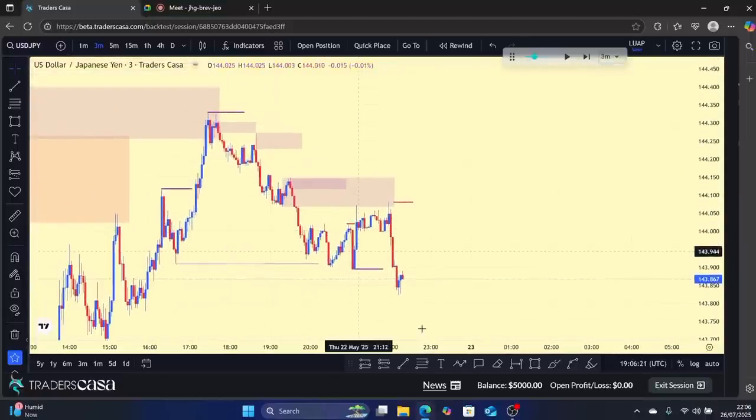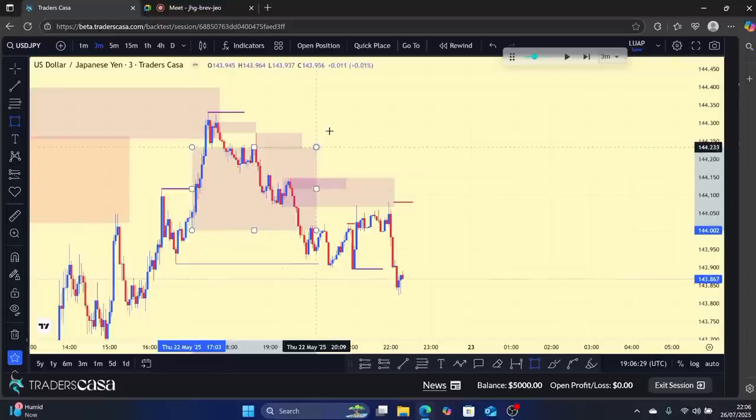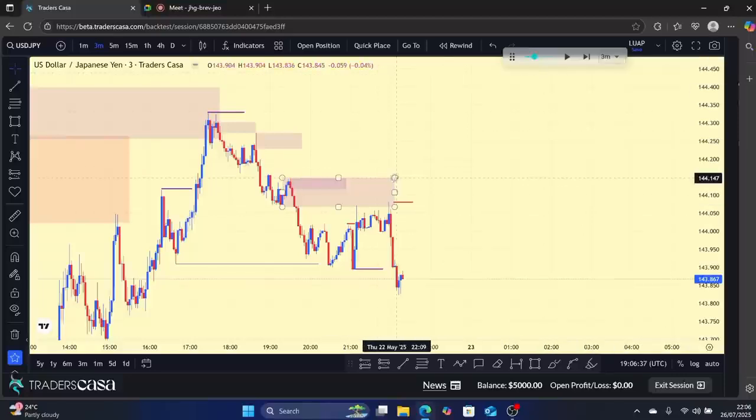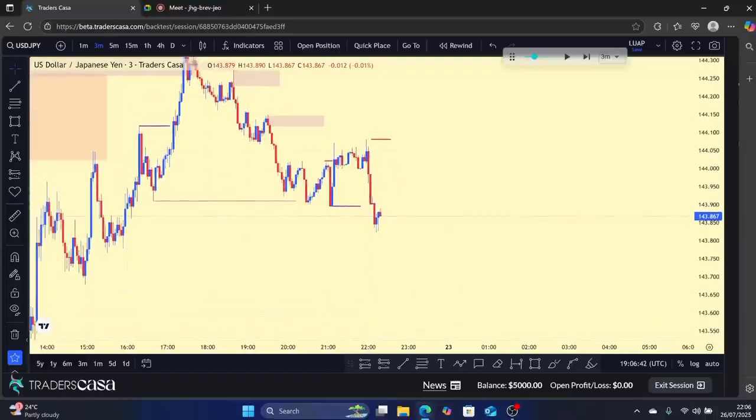But if I check on this side, you can clearly see that this here is the whole buying move, and the buying move was mitigated here. So in that case, that cannot be an order flow, and in this case we will only be looking for the order blocks.